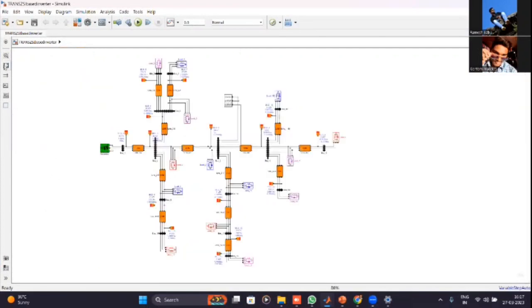This is the IEEE 15 bus system with the standardized values. At bus 3, we have placed our solar plant. Before that, we have to run it to see the THD values.